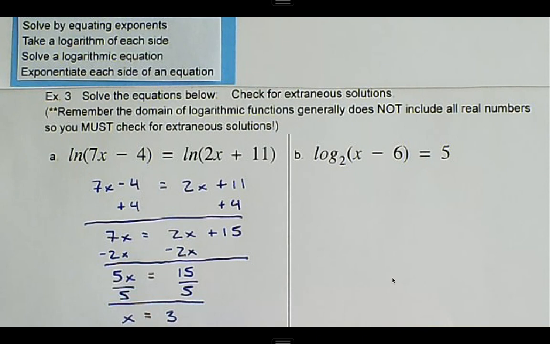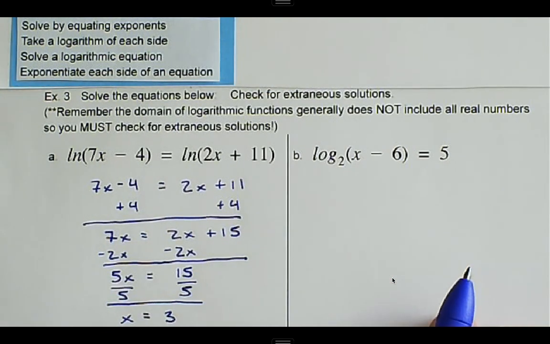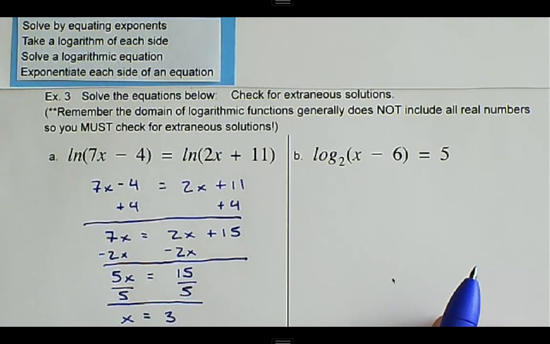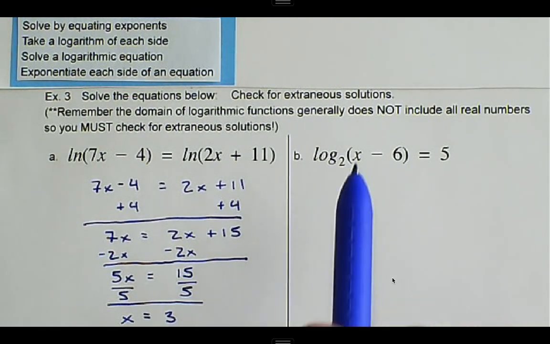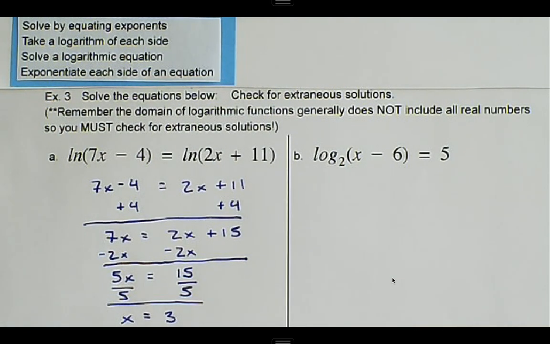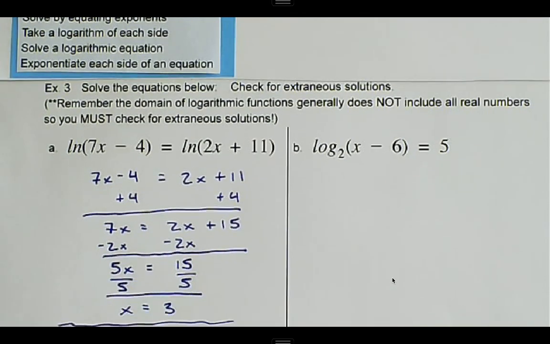Now, whenever we have log equations, we have to remember to check the domain, because generally the log function does not include all real numbers. So we have to check to see if this will actually work in the given equation.